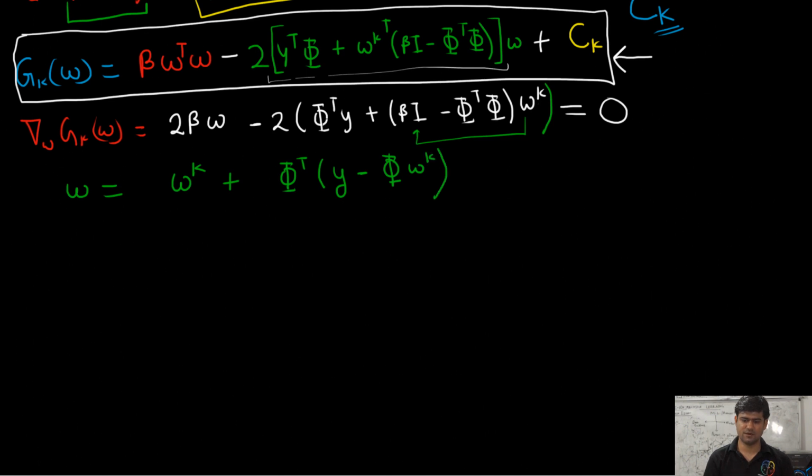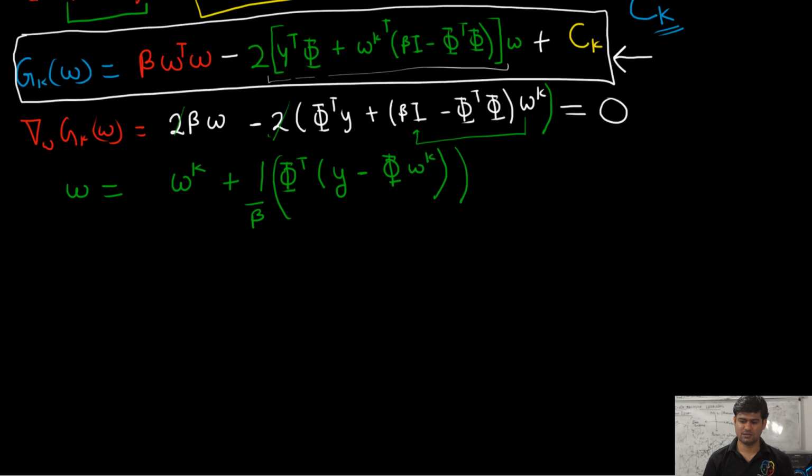So we just took the phi transpose as common and then the division by beta. So we just cancel the 2 from here. We take this to the right hand side, this entire term.